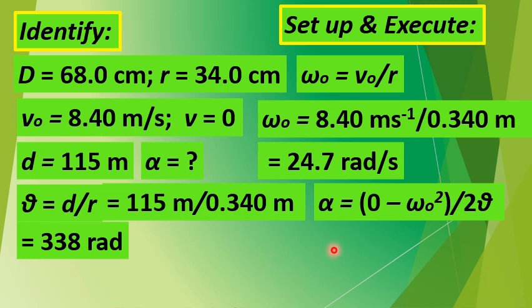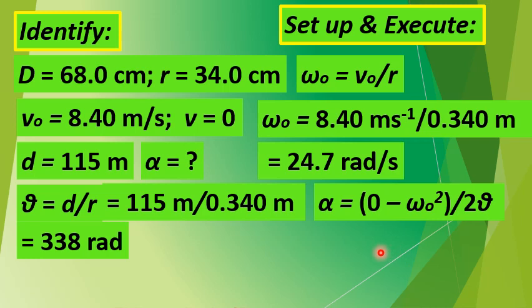We can now use this formula in finding the angular acceleration alpha. The angular acceleration alpha is equal to the square of the final angular speed, which in this situation is 0, minus the initial angular speed squared, divided by twice the value of the angular displacement theta.